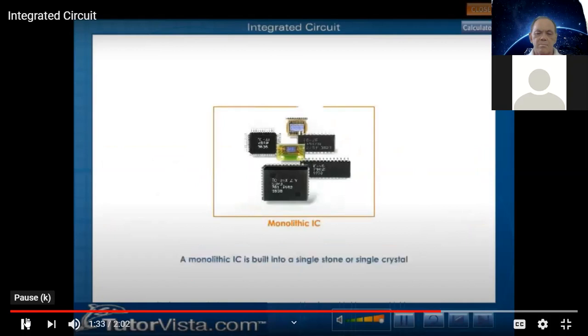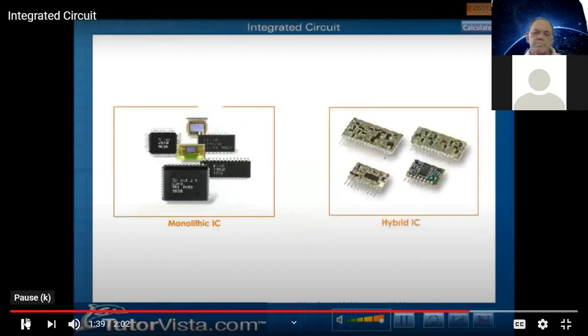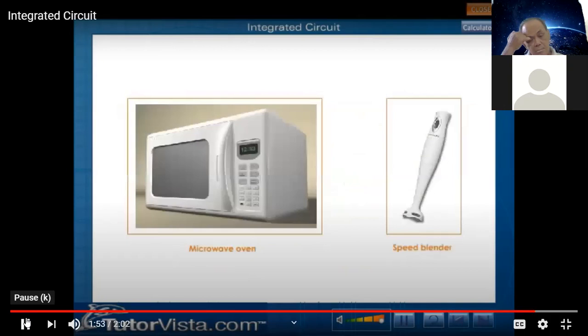Thus, a monolithic IC is built into a single stone or a single crystal. The hybrid IC is a microcircuit consisting of passive elements formed on a common dielectric substrate. Most digital circuits use monolithic ICs. Hybrid ICs are used in microwave ovens and in speed blenders.